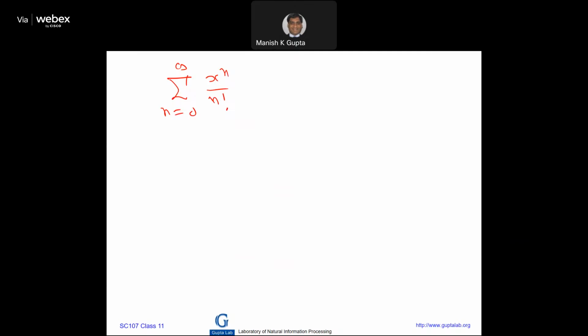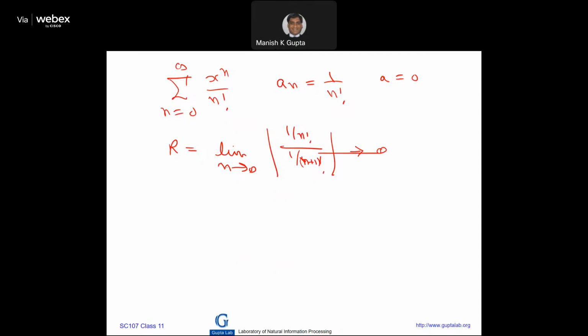Clearly, a_n is 1 over factorial n and a is 0. So R will be the limit as n tends to infinity of mod of 1 over factorial n divided by 1 over factorial n plus 1. You simplify, and this goes towards infinity, because it will be n. So R is infinity.